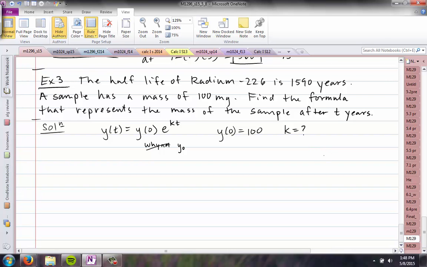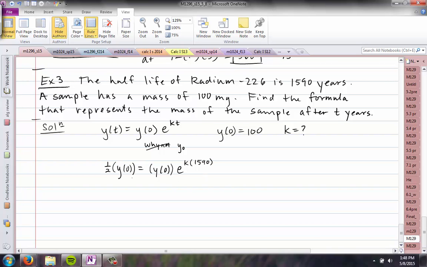k is specific to each element in its half-life. So we're given the information we need to find k. What we're going to do is, we don't know what the amount is at some later time, but we know that half of the initial amount, so for y of t I can put half of the initial amount, and then the initial amount on the other side, because that's part of the equation, times e to the k, and that time for which that occurs is 1,590 years.